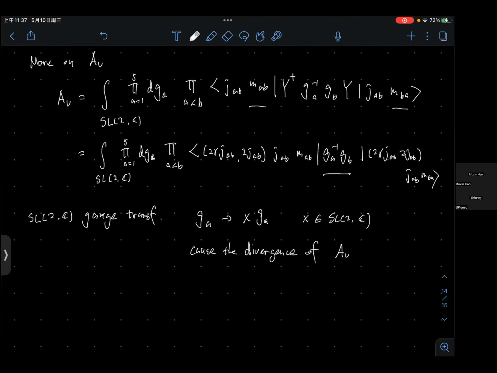Now the resolution is very simple. You just make the gauge fixing.